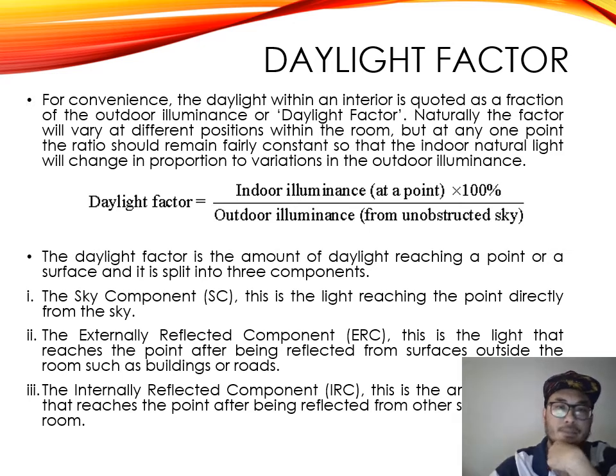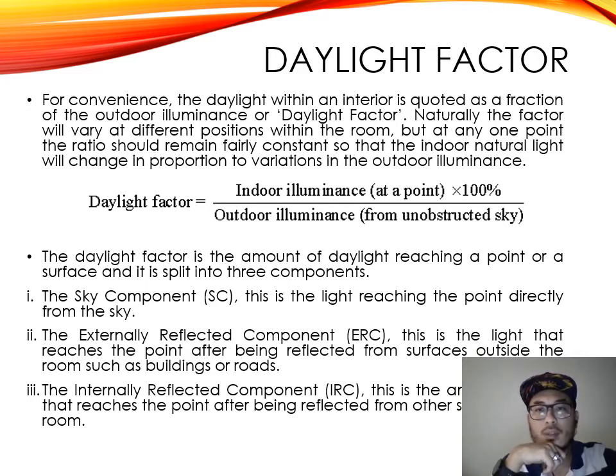Daylight factor. For convenience, the daylight within an interior is quoted as a fraction of the outdoor illuminance, or daylight factor. Naturally, the factor will vary at different positions within the room, but at any one point the ratio should remain fairly consistent, so that the interior natural light will change in proportion to variation in the outdoor illumination.